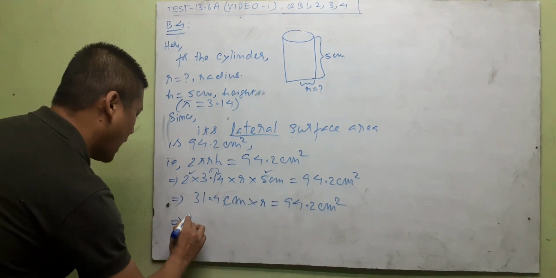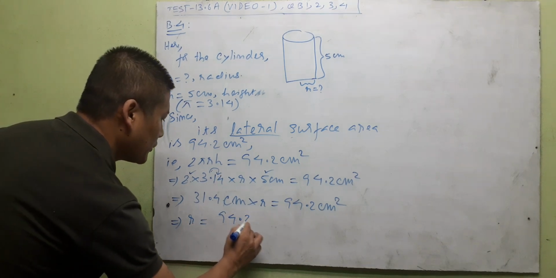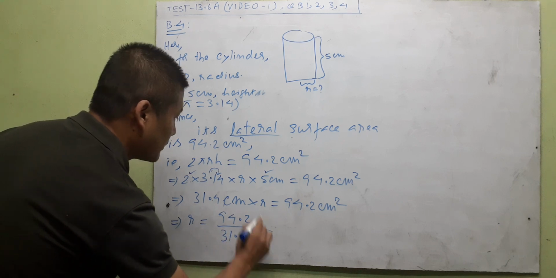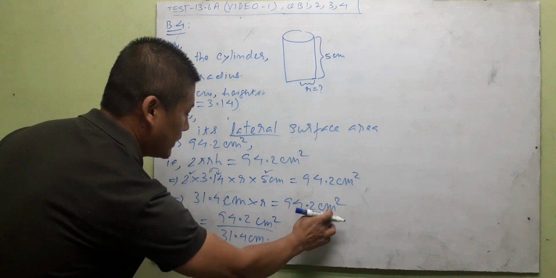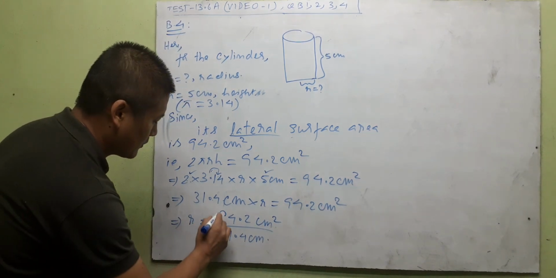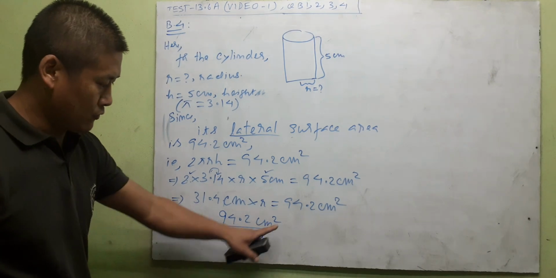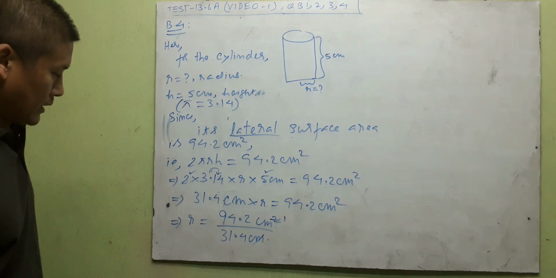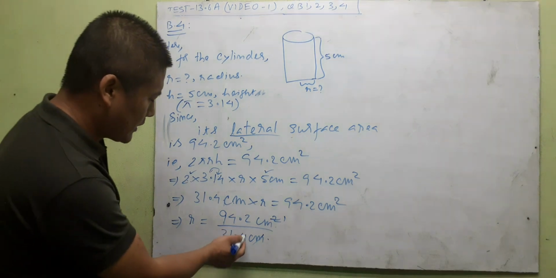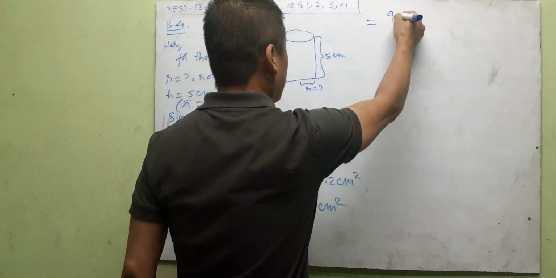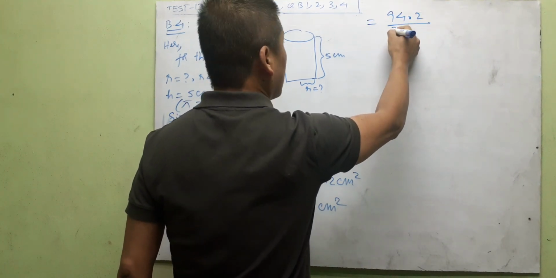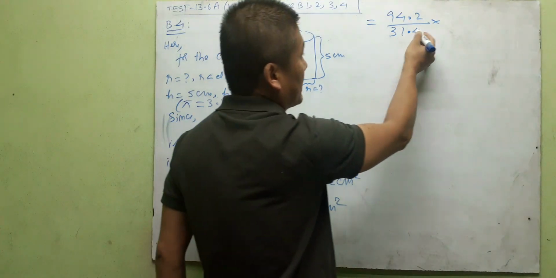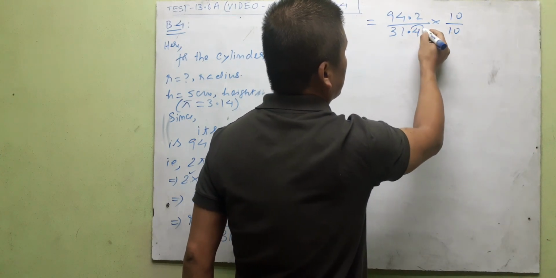So next step, r will be 94.2 divided by 31.4 centimeter. Here centimeter square is already there, so centimeter to the power 2 minus 1, only centimeter power 1 is left now. Especially in the denominator, it's better to remove the decimal. There is one decimal place only, so multiply by 10, and the decimal will shift and get removed.